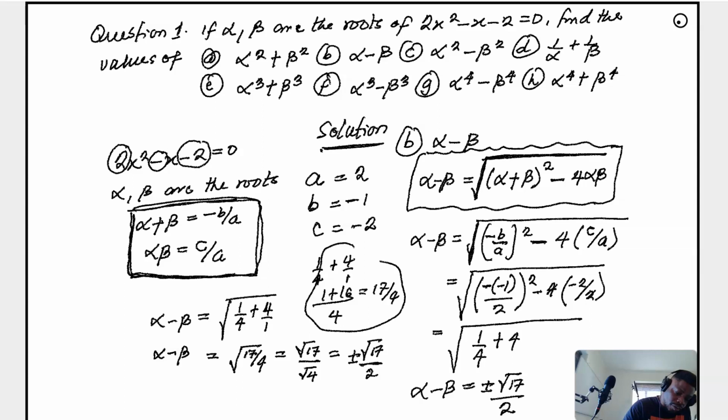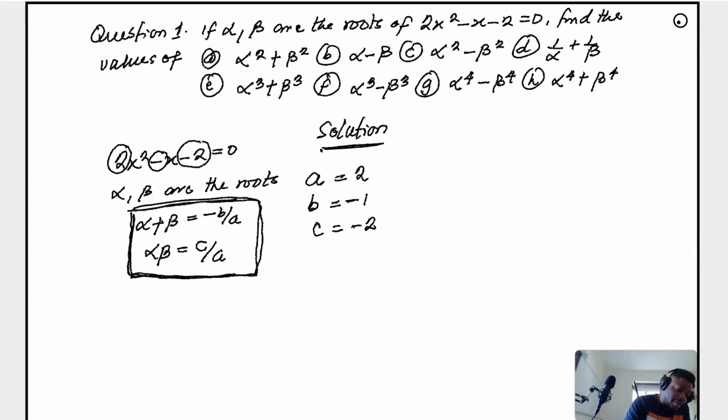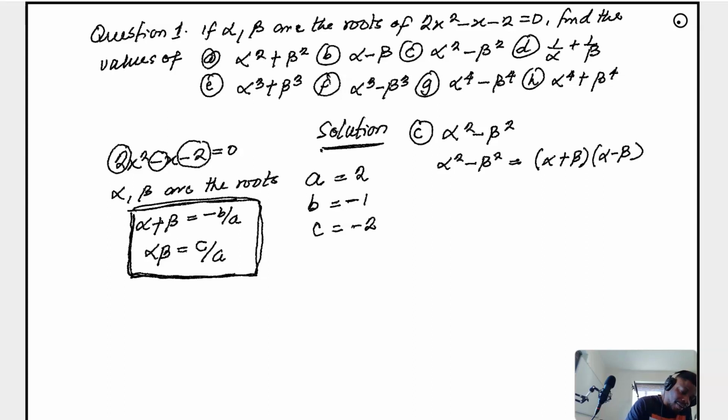So that is the answer for B. Now let's take question C. For C, we are looking for alpha squared minus beta squared. Remember that alpha squared minus beta squared is a difference of two squares, which is alpha plus beta and alpha minus beta. So I can say alpha squared minus beta squared is equal to alpha plus beta, which is this one. Now, alpha minus beta is the answer to question B that we did already.